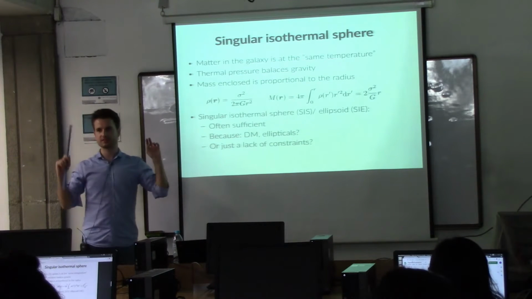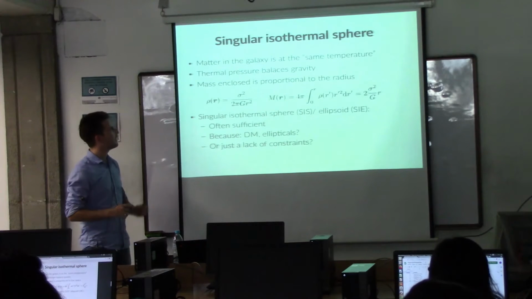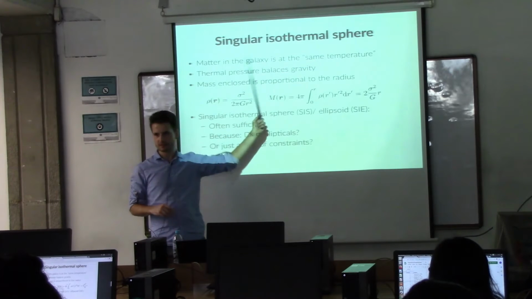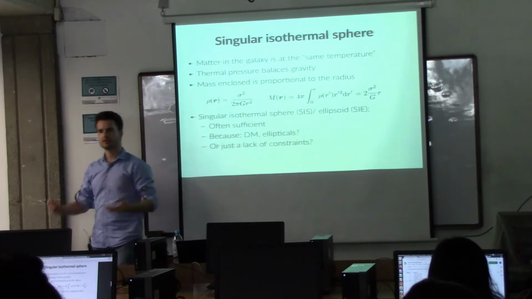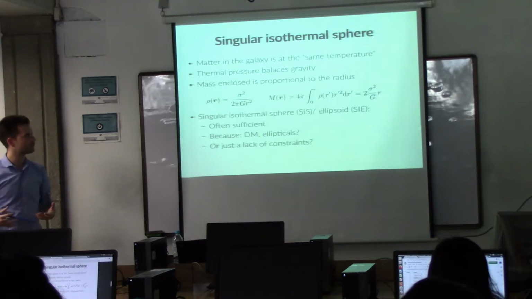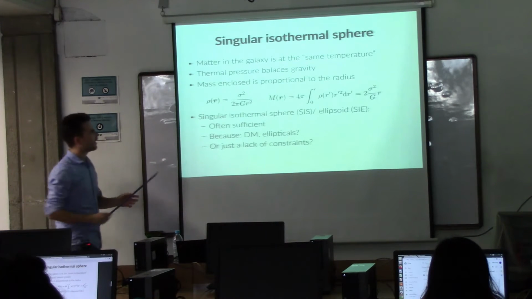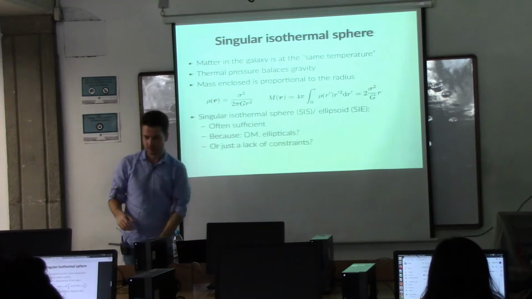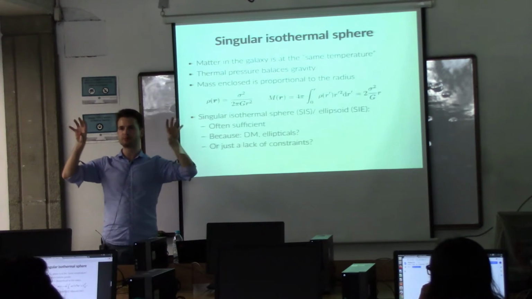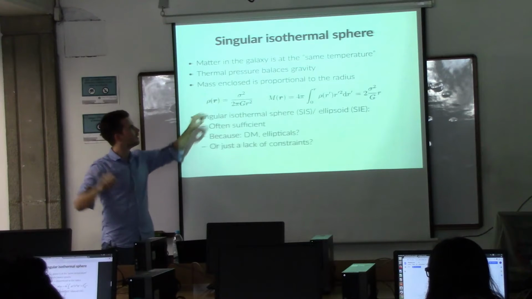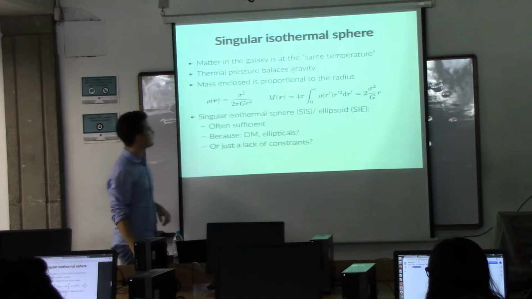So this assumes a very basic thing. It assumes that the matter in the galaxy is dynamically relaxed, so it's sort of at the same temperature, if you will. And if it's at the same temperature, then the thermal pressure inside the galaxy balances the gravity.